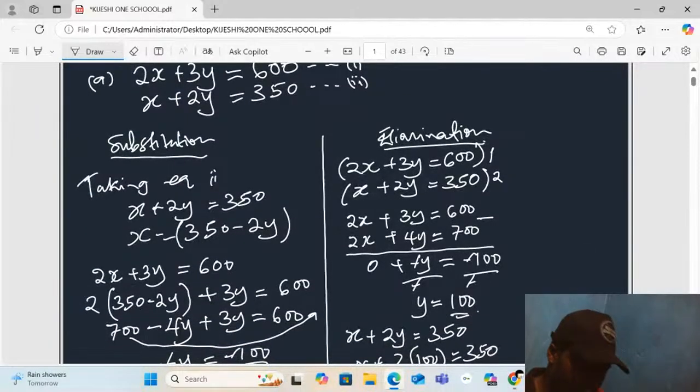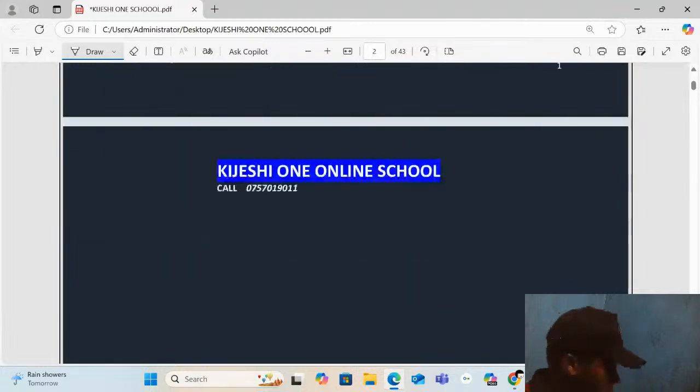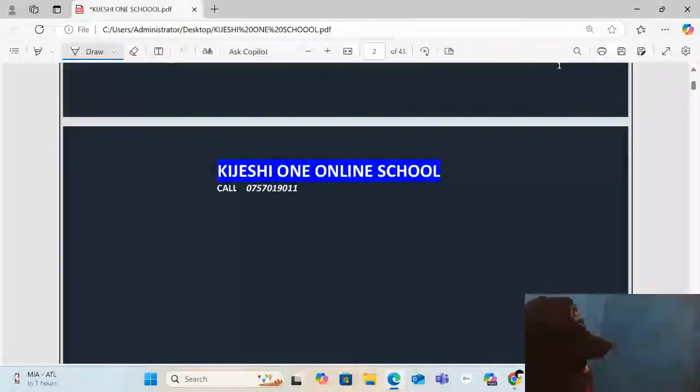Now, let us move to another example. I'll prefer we look at one example, which is a word question, so that you can derive the two equations from a word question, then solve using either elimination or substitution.